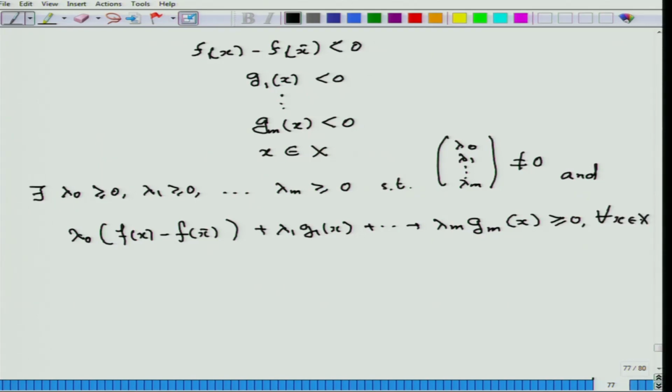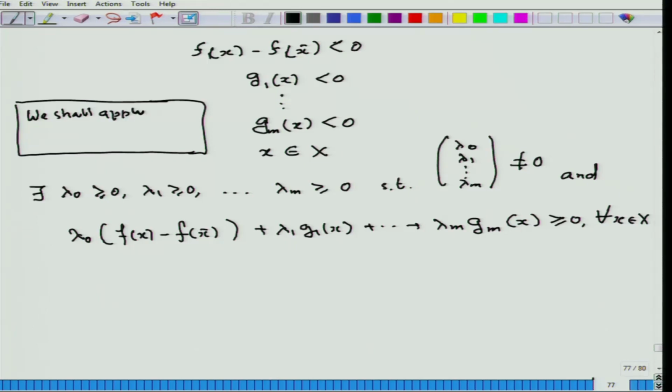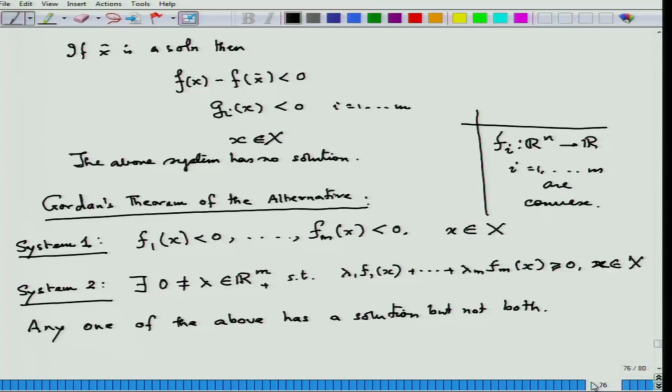So, I have applied Gordan's alternative theorem. Here we shall apply Gordan's theorem of alternative. We are essentially applying this result always, Gordan's theorem of the alternative.